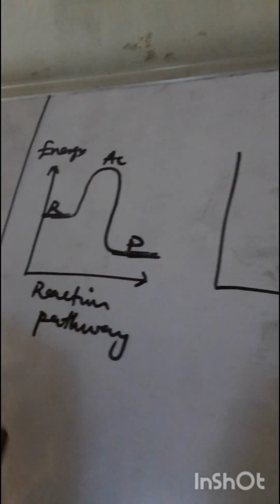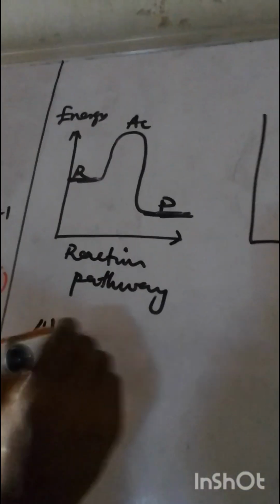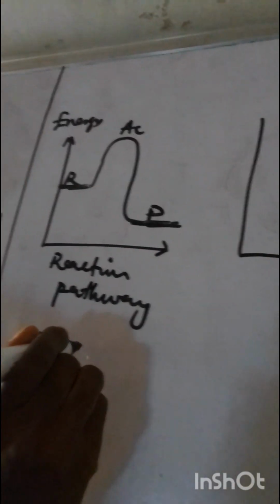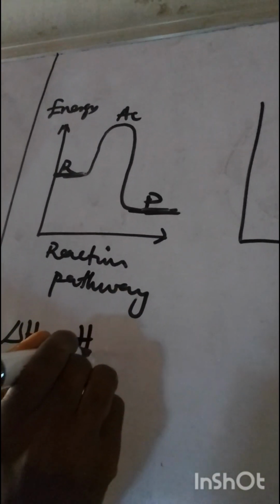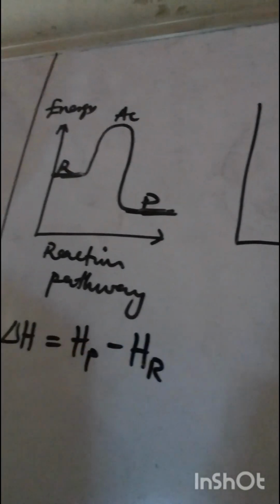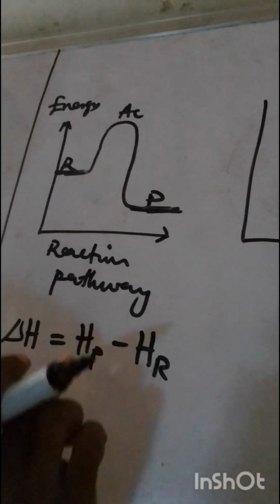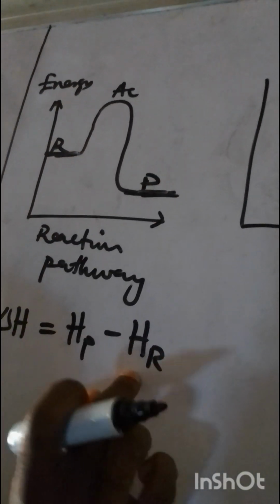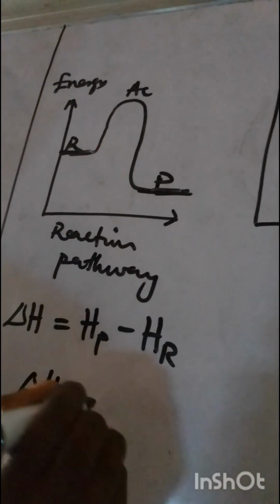The energy of the reactant is greater than that of product, correct? Therefore, heat change, which is enthalpy change, the formula is enthalpy of the product minus enthalpy of the reactant. Now, if the enthalpy of the product is less than the enthalpy of the reactant, it means that the heat change will be negative. So this profile diagram is for exothermic reaction because the heat change is negative.